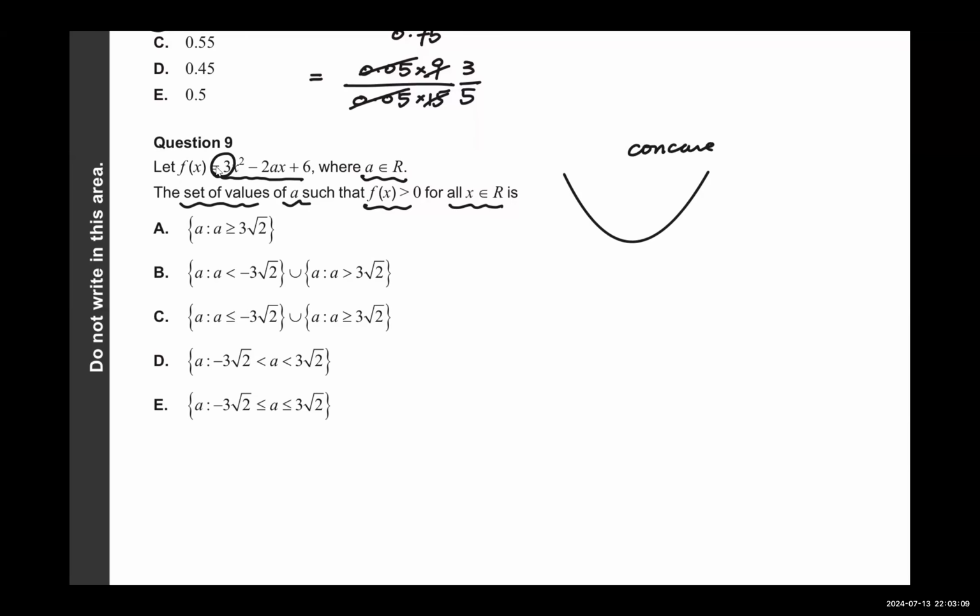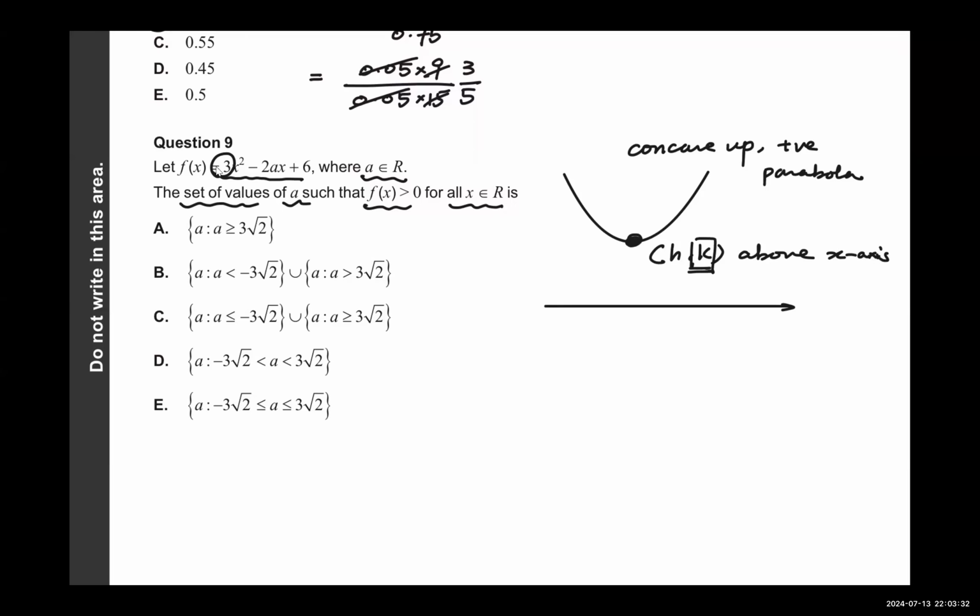It's concave up, a positive parabola. Now for this positive parabola, you probably need to make sure the turning point (h, k) must lie above the x-axis. And this is the y value of your turning point, must be positive.